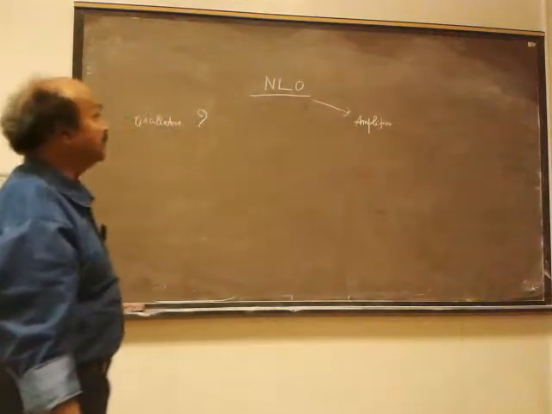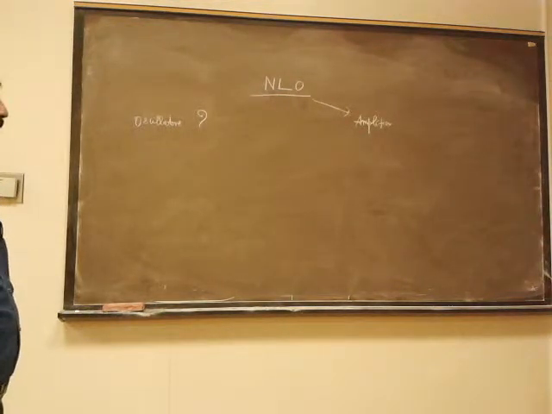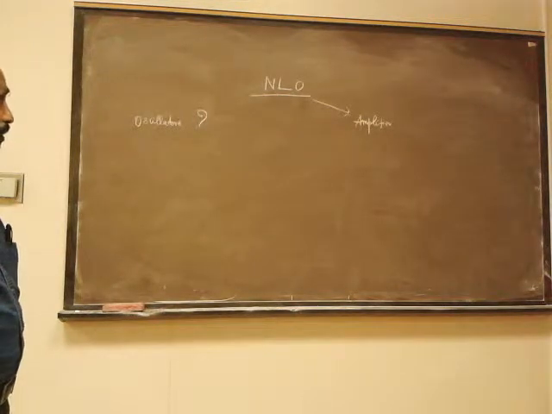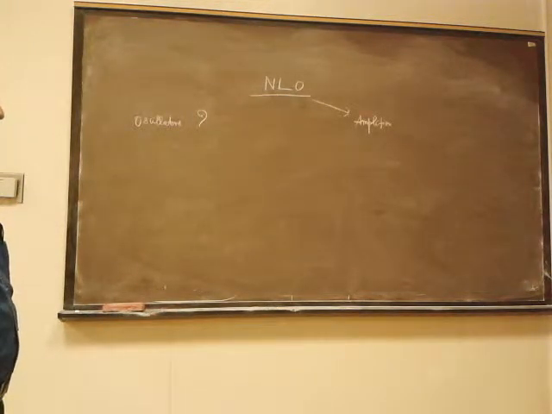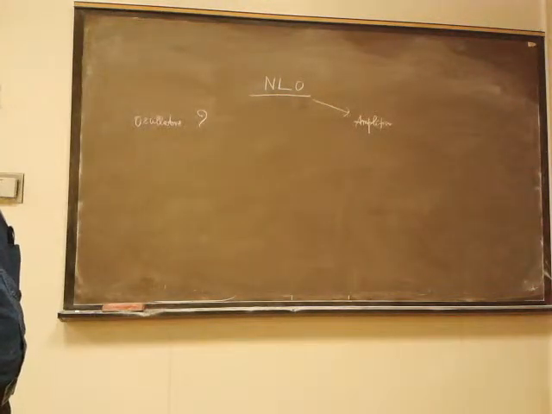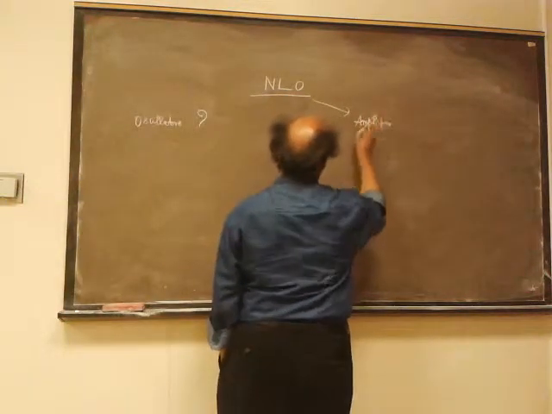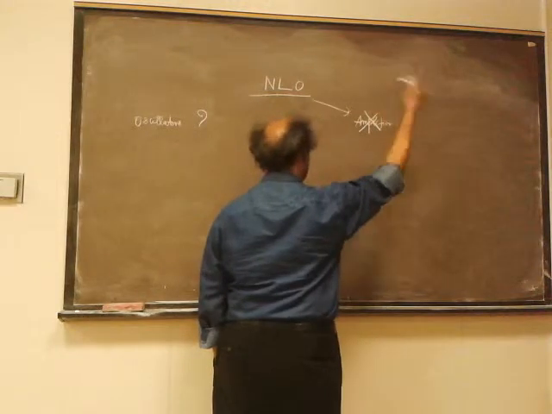Now the question is, what is an oscillator? What is an amplifier? In all nonlinear lasers, all nonlinear phenomena, or nonlinear optics, there is no population inversion. These are called amplifiers, or even then, you don't call it an amplifier.